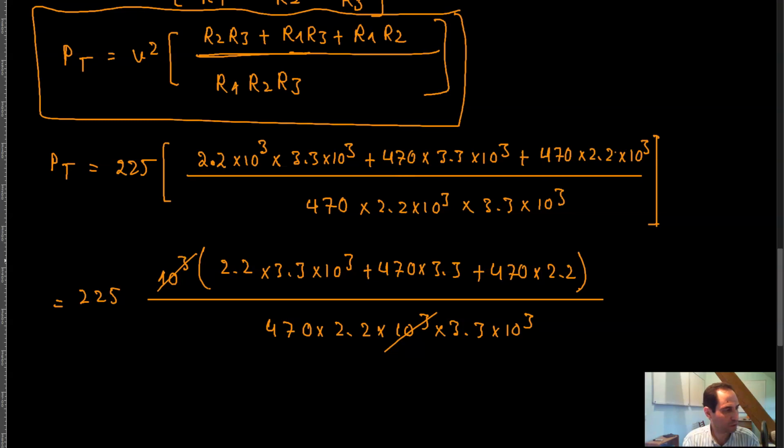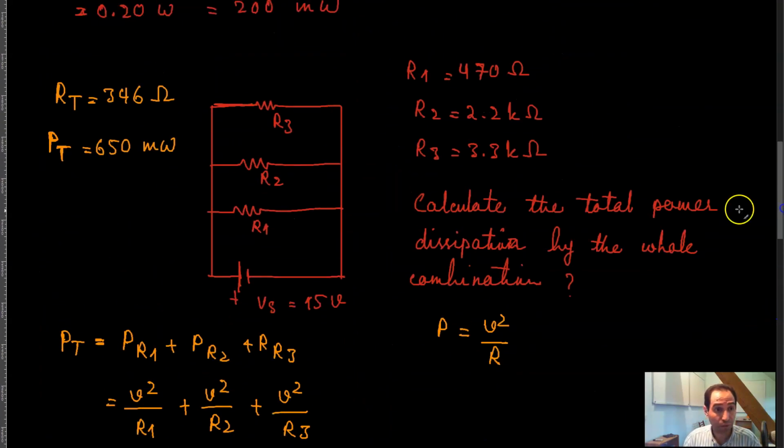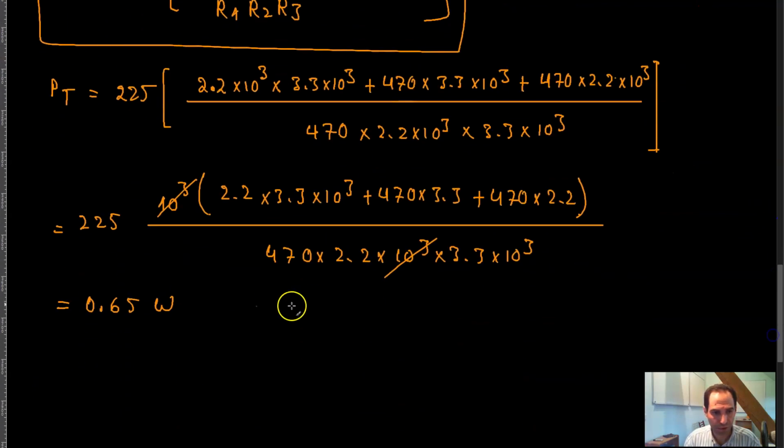You will get 0.65 watts, which agrees with the 650 milliwatts that we got over here. So that's how you calculate power in a circuit like this.